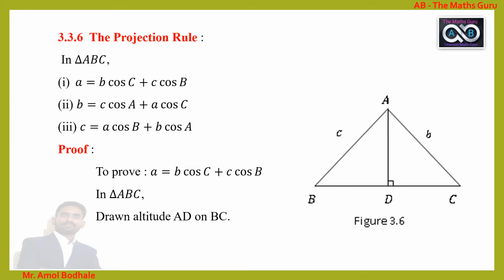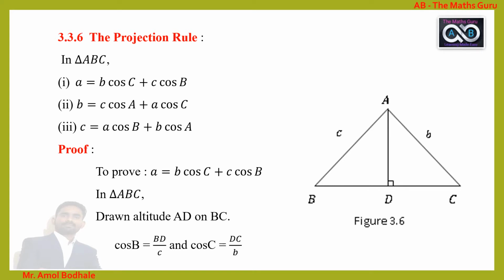Here in the first part of the proof, the LHS is a and the RHS is b cos C plus c cos B. That means the RHS contains cos trigonometric function. So here we will calculate the cos trigonometric ratio.